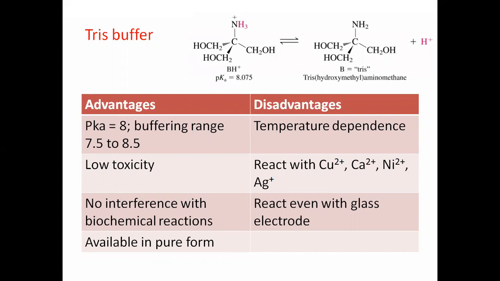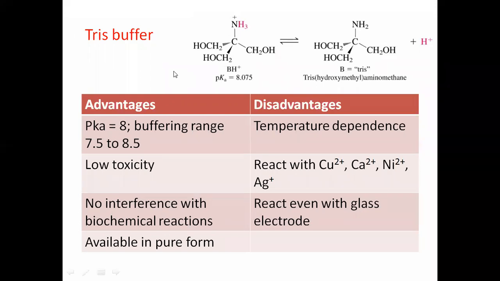Normally it is also called the pH meter or pH electrode. That glass is corroded by this tris buffer. So these are the advantages and disadvantages, and as a whole, the precautionary information you should know about the tris buffer.